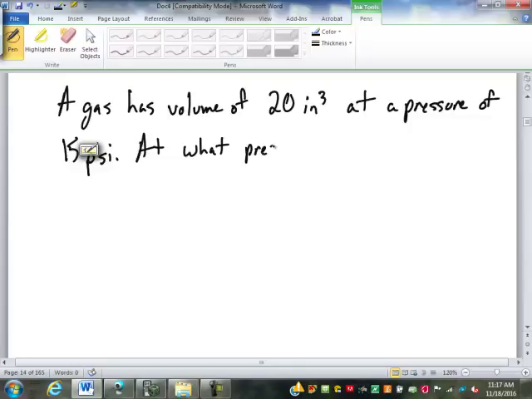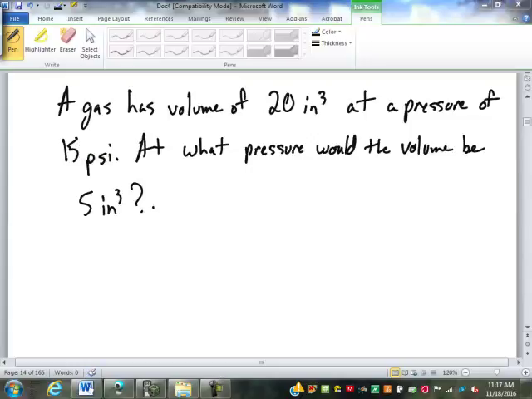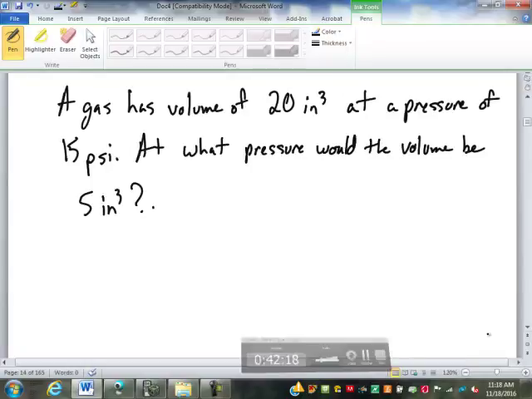At what pressure would the volume be 5 cubic inches? Give you a couple minutes to take a look at that one.